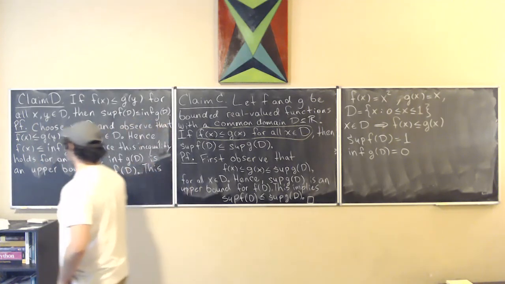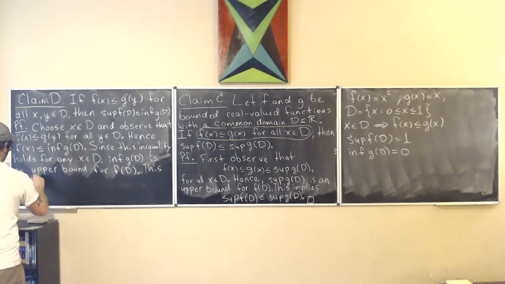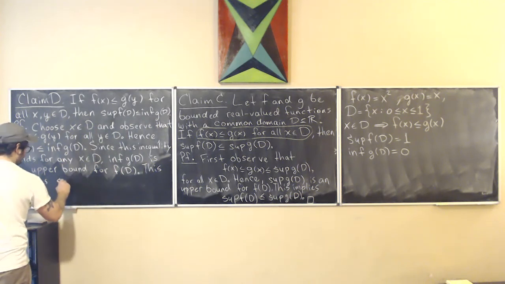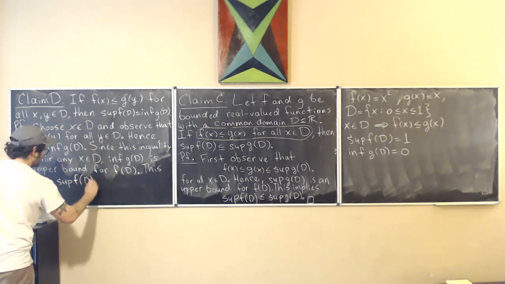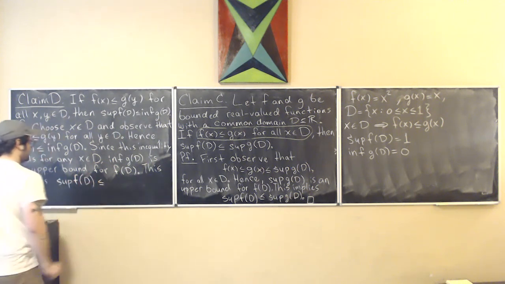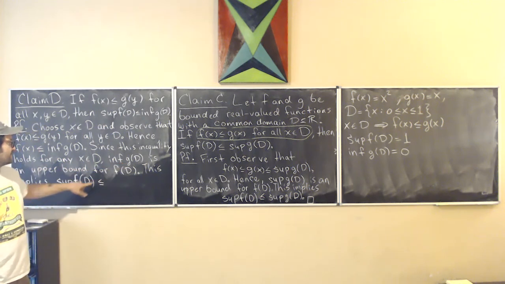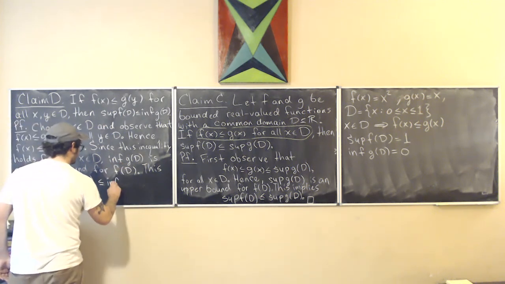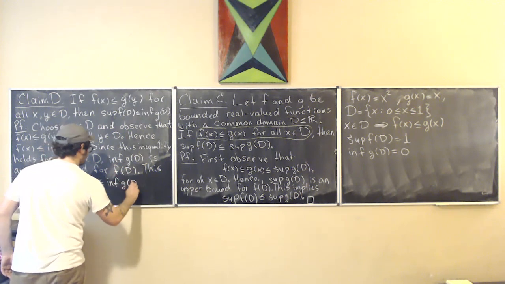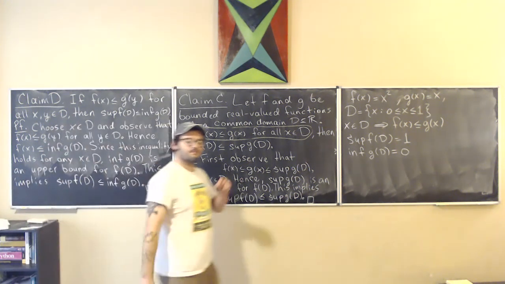So this implies the supremum of F on D, since that's the least upper bound, and that is some upper bound, is less than or equal to that value there. That establishes the claim.